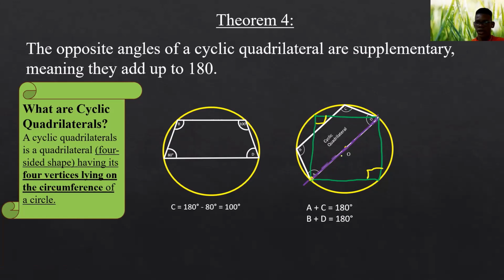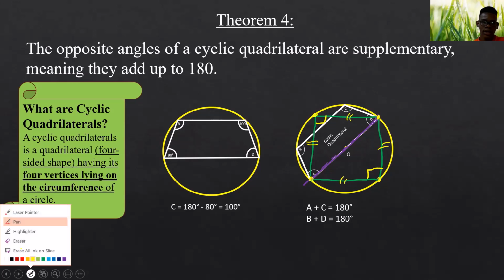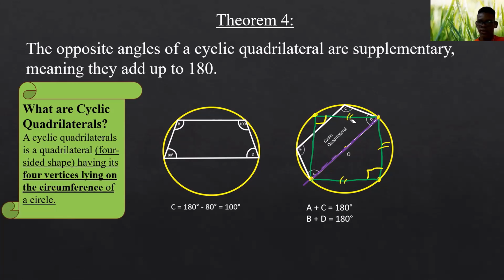All the vertices are on the circumference, therefore it's a cyclic quadrilateral. By that definition, we can find that these two sides would be supplementary. And of course they are. 90 and 90 gives you 180, so that checks out.